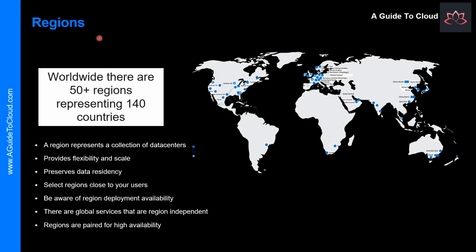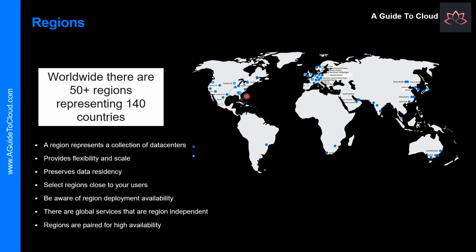Microsoft Azure is made up of data centers located around the globe. These data centers are organized and made available to end users by region. A region is a geographical area on the planet containing at least one, but potentially multiple data centers that are in close proximity and networked together with a low latency network.